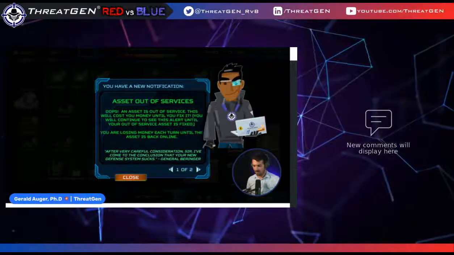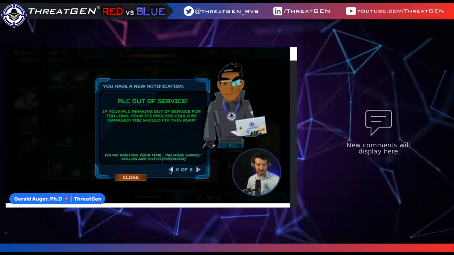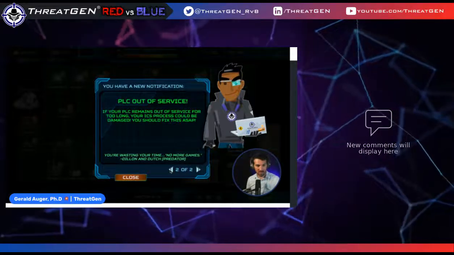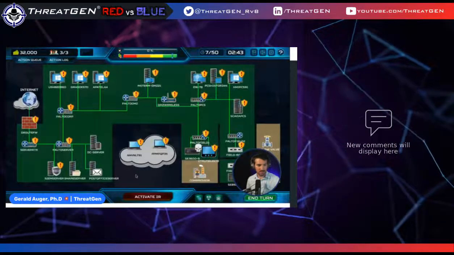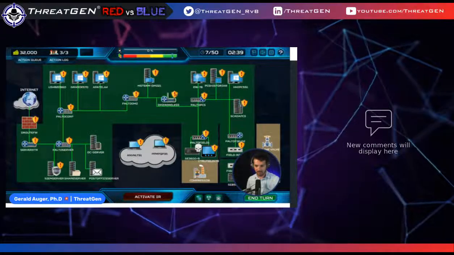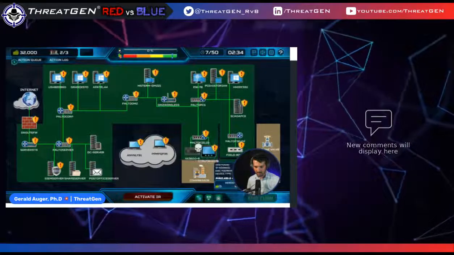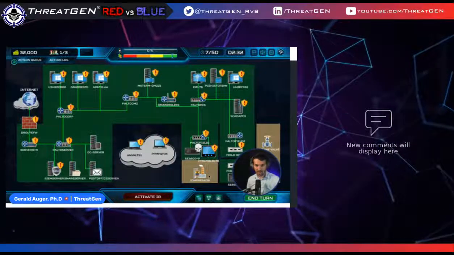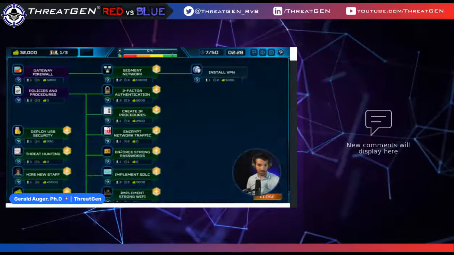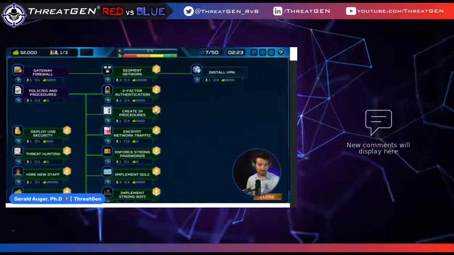Makes me wonder if this is malicious or if it's just deprecated equipment. Jesus. Hold on, why does everything look jacked up? Reboot assets. Okay. Christ. If I'm getting hammered by the bad guys on turn 7, it's like, what am I doing? Okay. Oh.